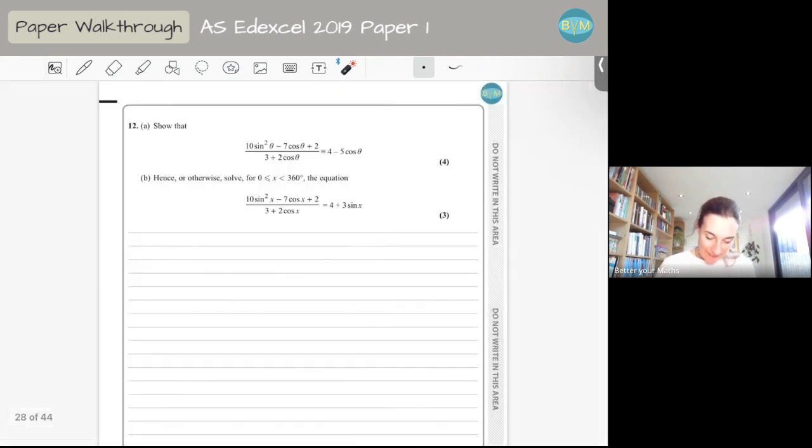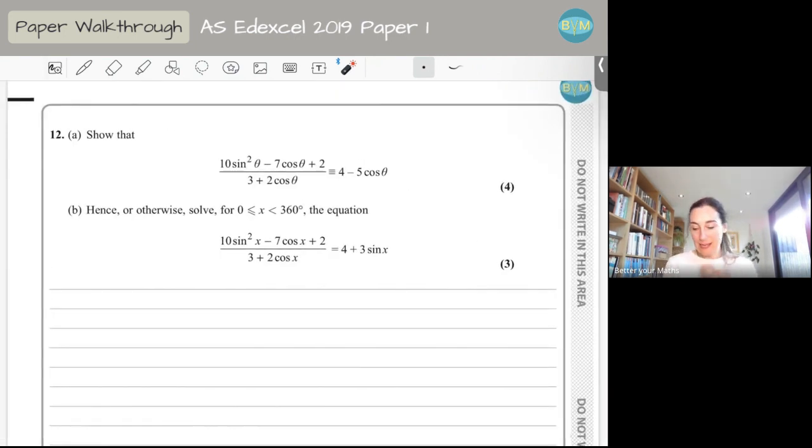More. This one, a trigonometric equation. You couldn't miss that one. You're going to have a trigonometric equation in your exam. And this is a super typical one. You have to prove an identity, and then you have to solve the equation. I would say proving the identity is sometimes quite straightforward.